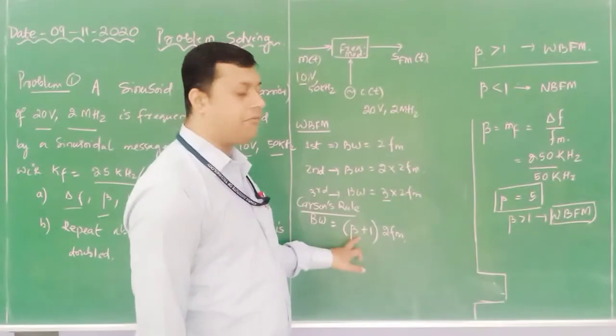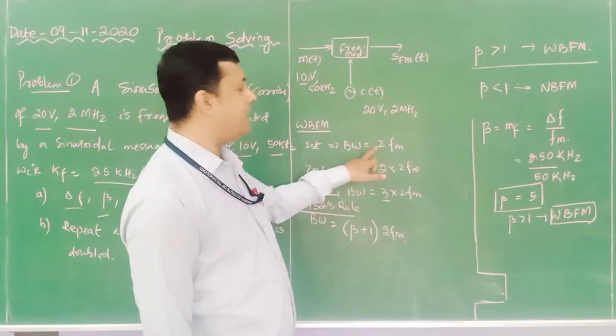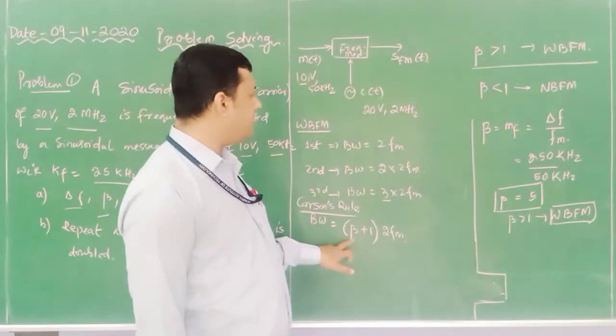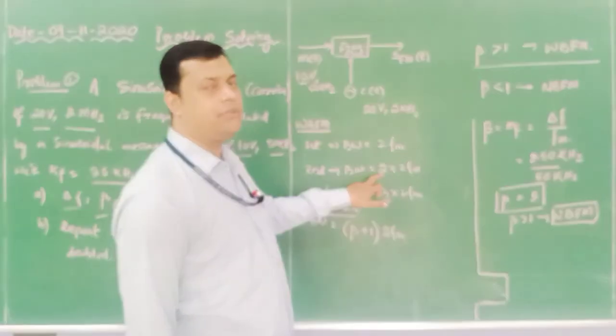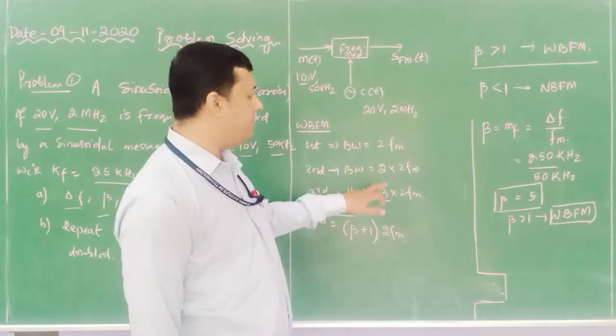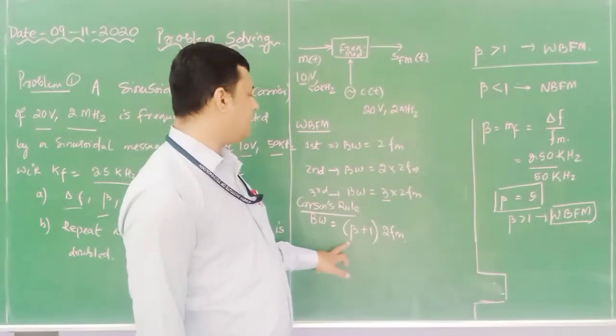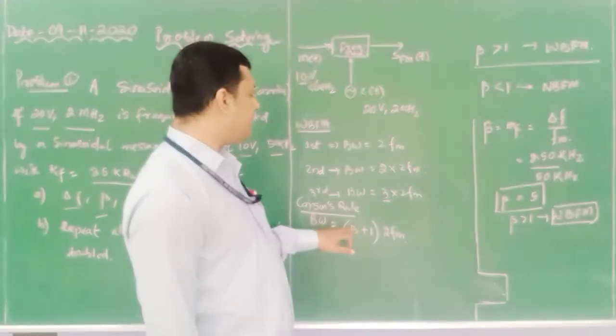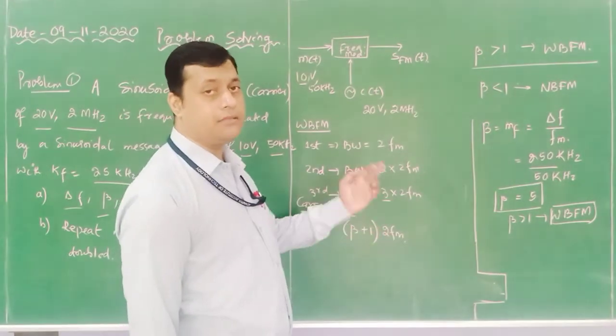Let us consider if beta is 0. Then your bandwidth will become 2fm. If beta value is 1, it will become 2 into 2fm. If beta value is 2, it will become the third order. Similarly, if beta value is 3, it will become the fourth order.